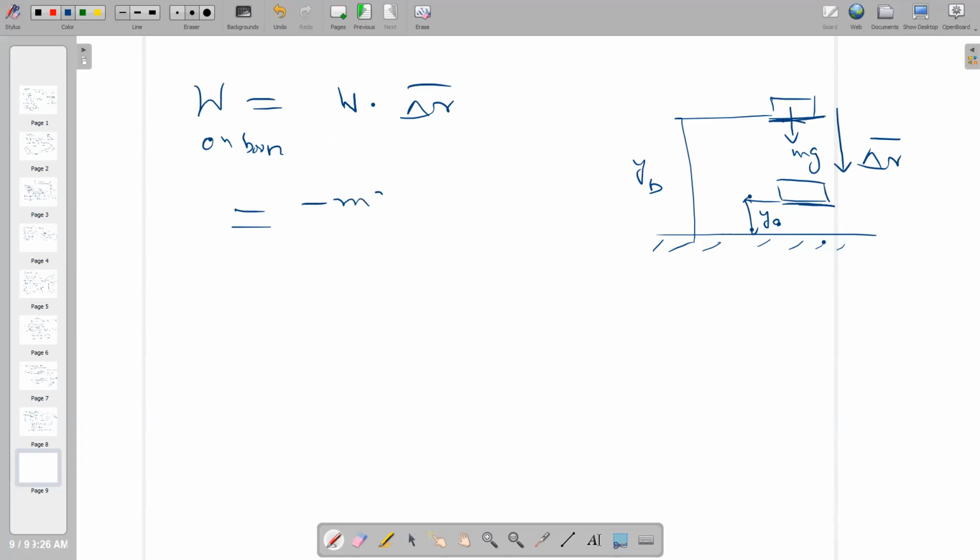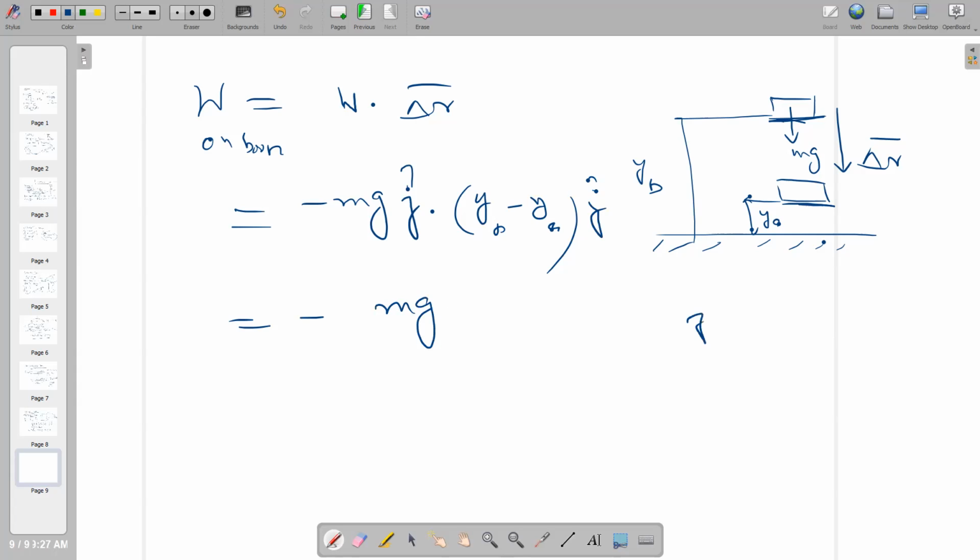So you can write this as minus mg j dot delta R. Delta R is YB minus YA. So you can solve this: minus mg, this is j, and j dot j is equal to 1.